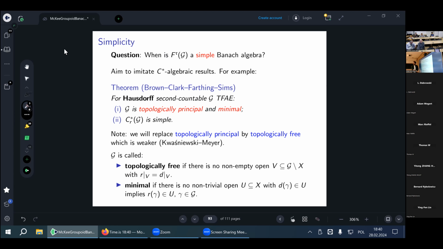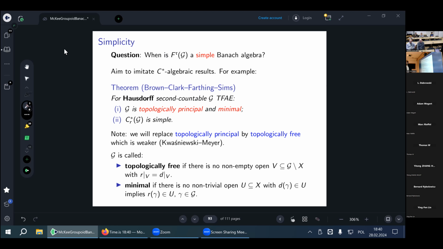So these two things play off against each other and give you simplicity. In the C-star case, it's not too difficult to go backwards from 2 to 1 because you can write down this orbit representation, it's called, and that will allow you to go back.